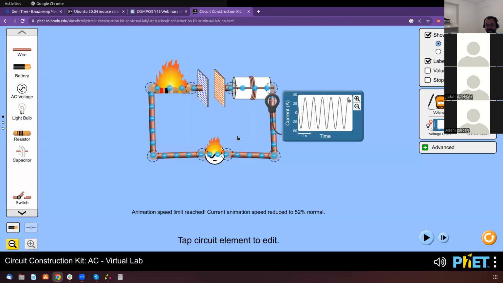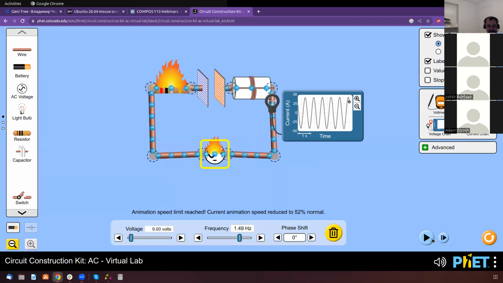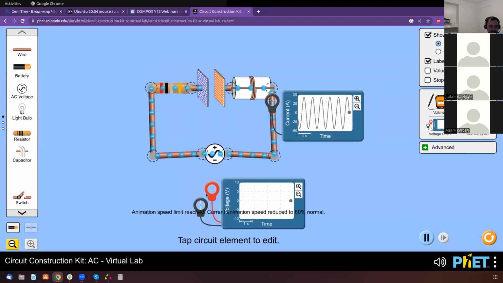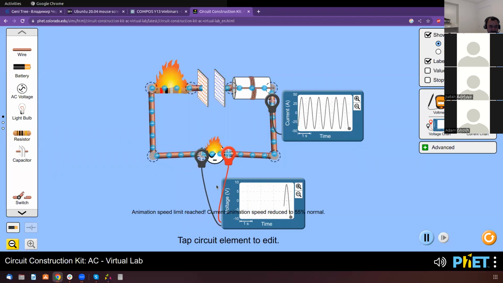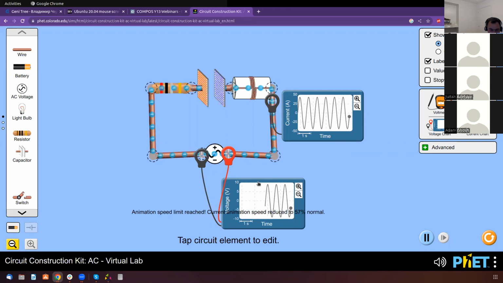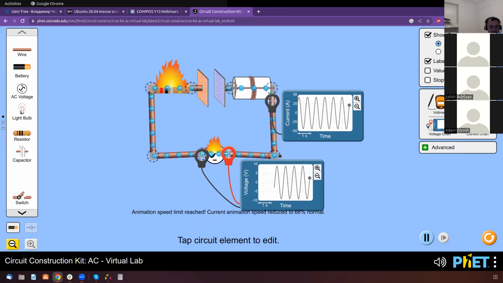And let's look at this. So go back to this. Let's measure the voltage on the supply. It's 9 volts. The voltage on the power supply is 9 volts.